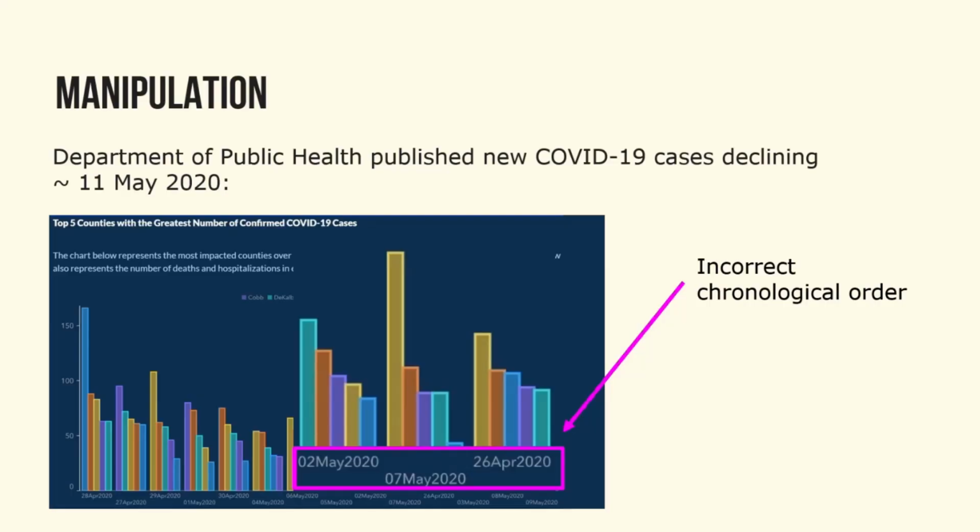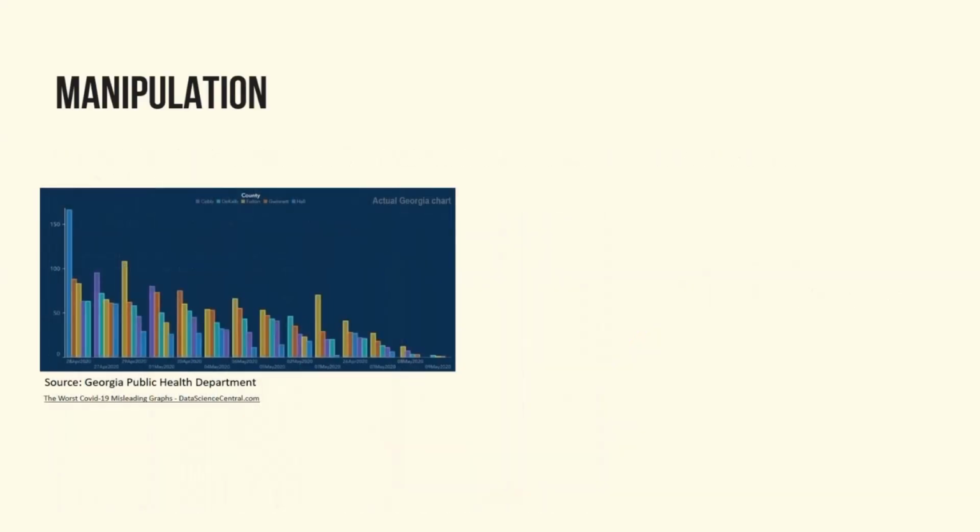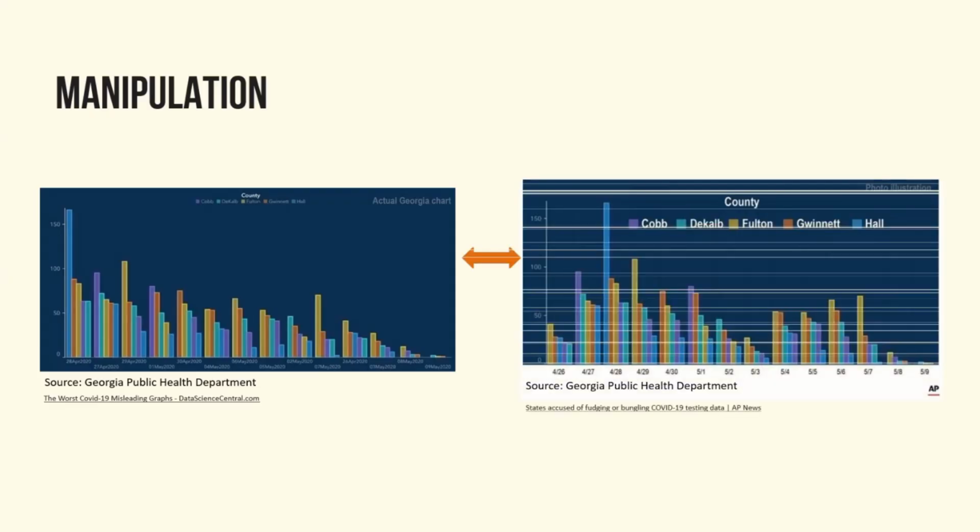And the way that this has been done is building this false impression that the cases are decreasing steadily when they may well not be actually decreasing. So let's have a look now. There was another publication that recreated this chart with the dates in chronological order.